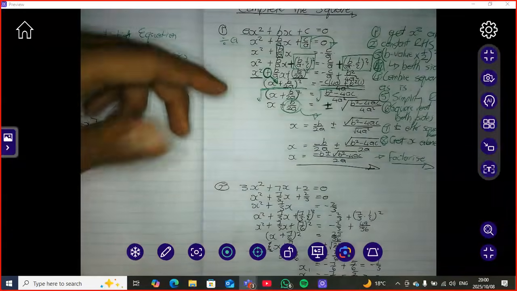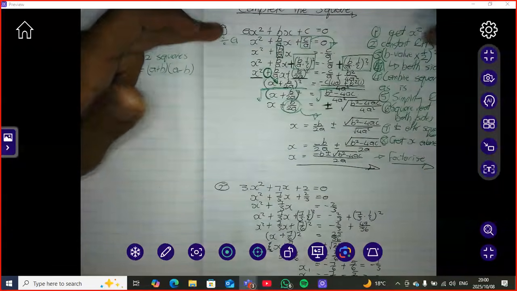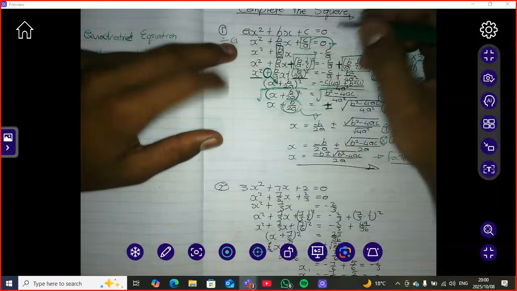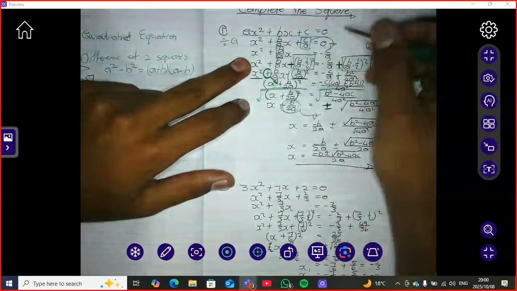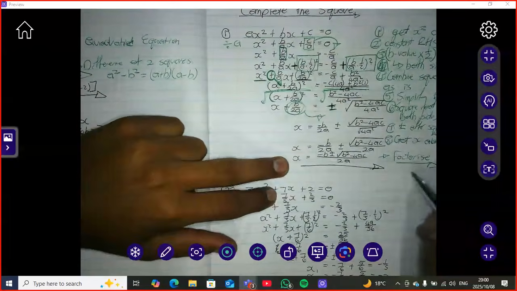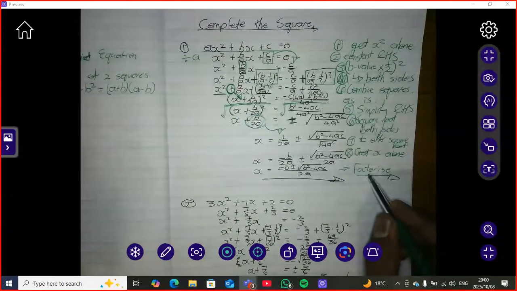If you complete the square using your quadratic formula, you will get that formula that you use to factorize. That's why I gave it to you.